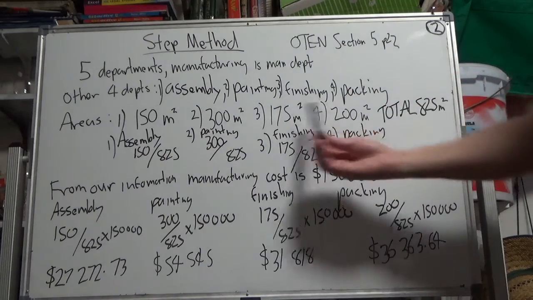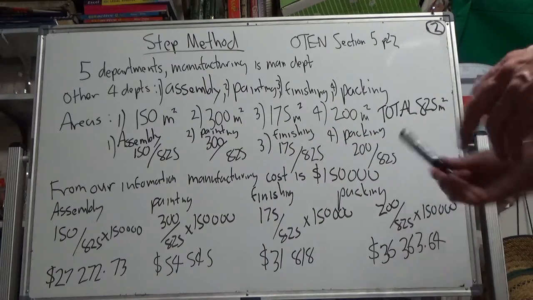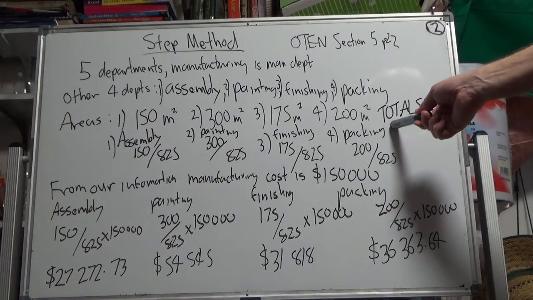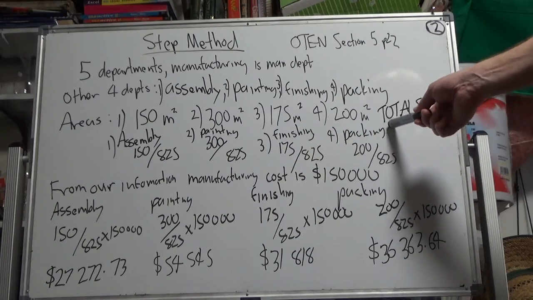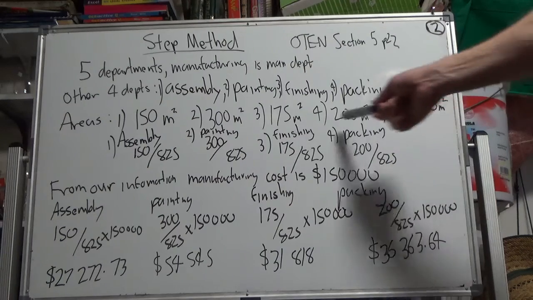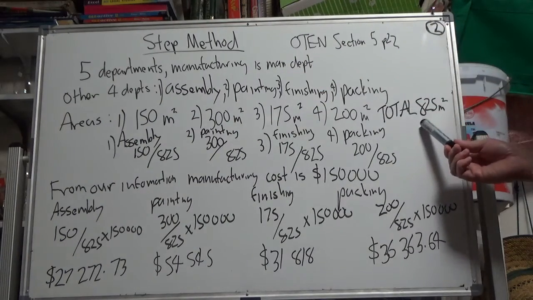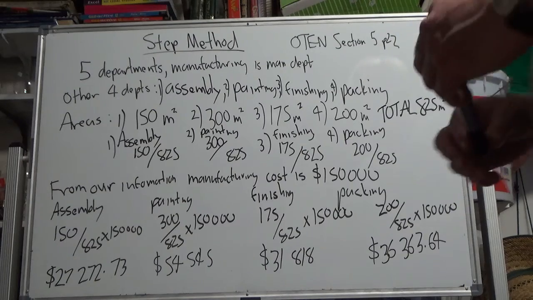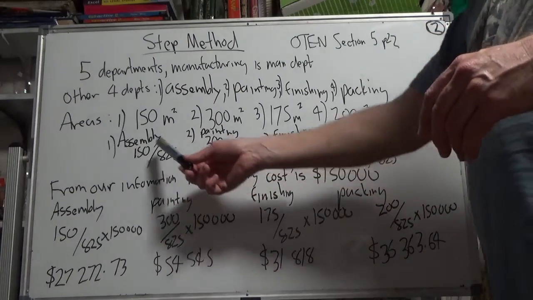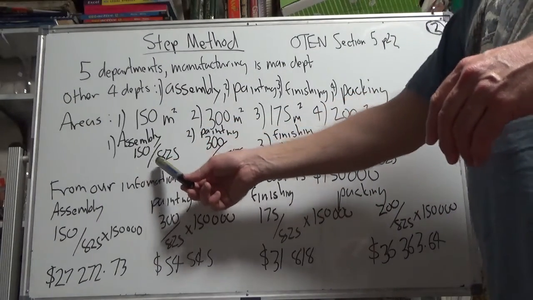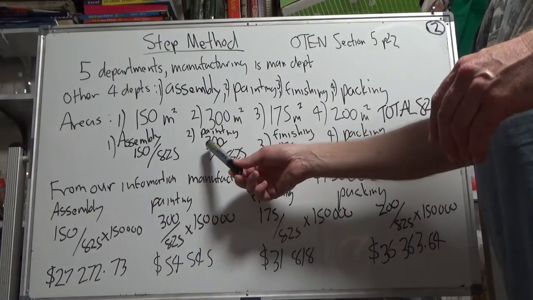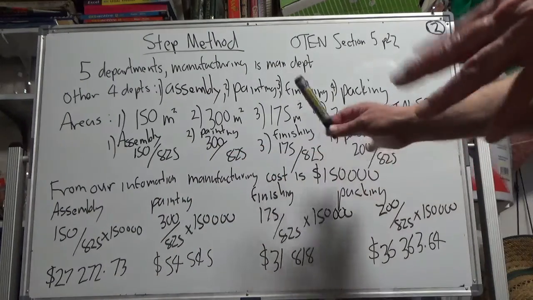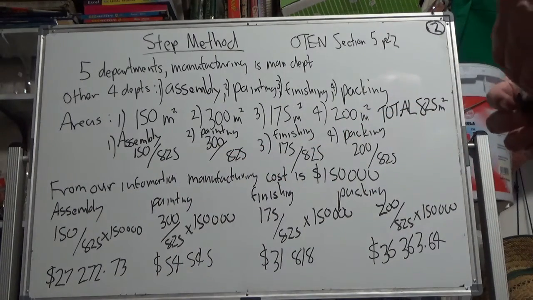Whether these figures are realistic for floor space, it probably doesn't matter, as long as you get the methodology. So the total, when you add up all these area spaces, is 825 metres squared. That's our denominator. Now we can set some ratios. So assembly 150 over the total, painting 300 over the total, and so on to get these ratios.